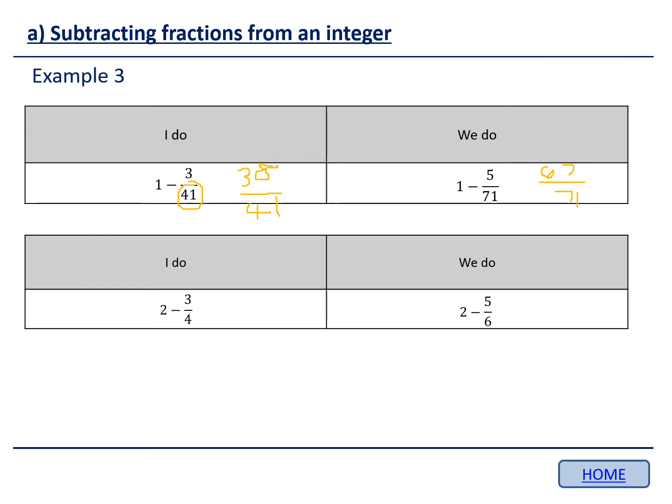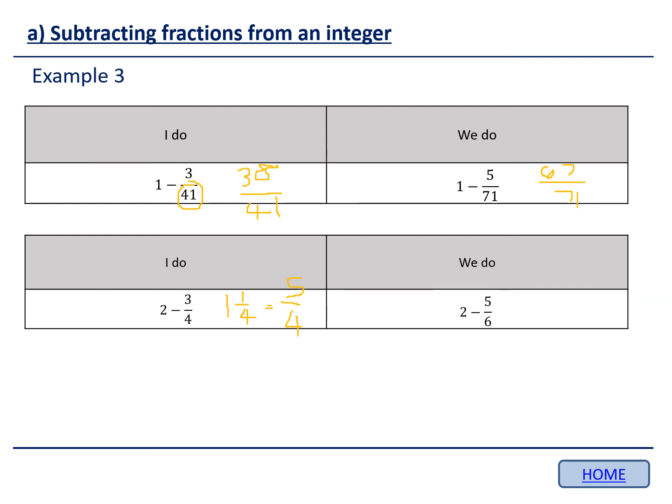So it means we're going to end up with 1 whole one and 1/4. And if we were to put that back into an improper fraction, we'd end up with 5/4. Just a bit of extra knowledge there.